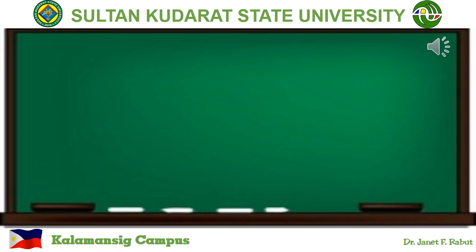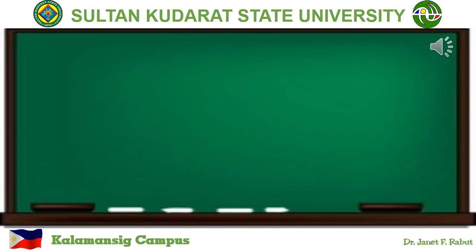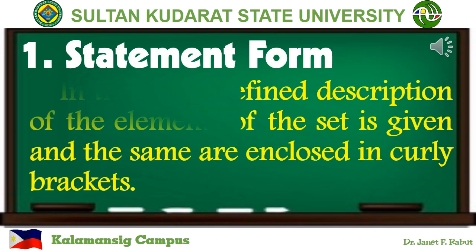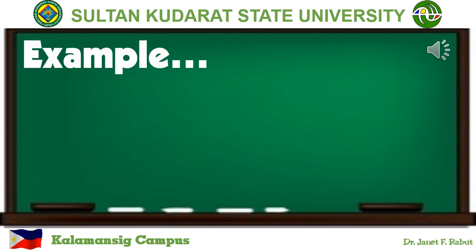To understand more about sets, let me discuss the different representations of sets. How do we write sets? Number 1, statement form. In this, a well-defined description of the elements of the set is given, and at the same time enclosed in curly brackets. This is an example of a statement form way of writing a set. 1.